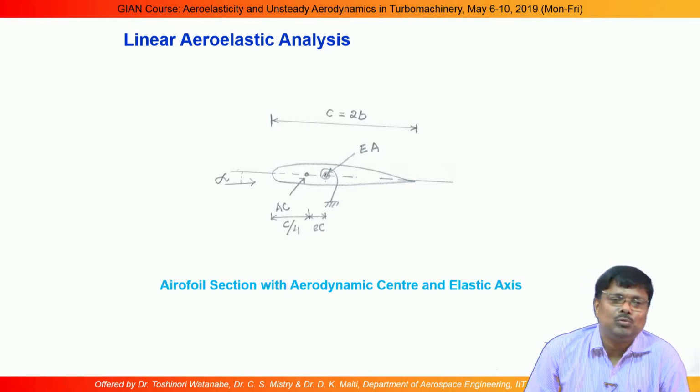We cannot go to a complex structure at the start. For any aircraft design, we start with two aspects: what type of engine I will be using, and what type of maneuvering condition I need.